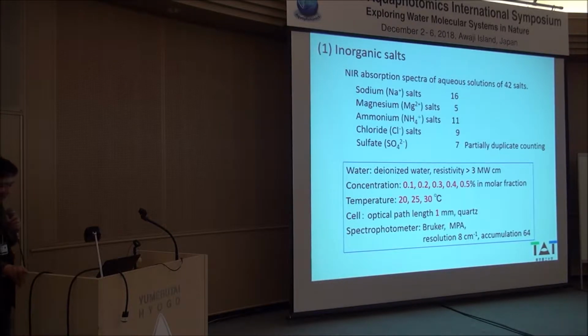There is some duplicate counting, 42 salts in all. Details of the experiment are summarized here. Concentration was set from 0.1% to 0.5% in molar fraction. Temperature is stabilized at 20, 25, or 30 degrees.